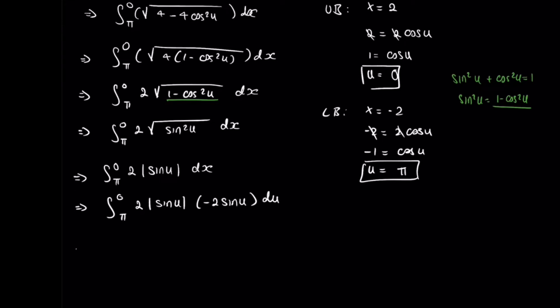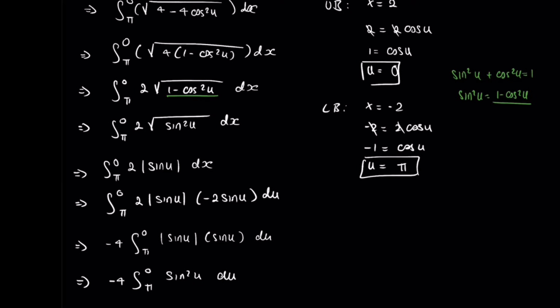We can take out the 2's, so we get minus 4 times the integral between pi and 0 of absolute value of sine u times sine u du. And this becomes minus 4 times the integral between pi and 0 of sine squared u du.